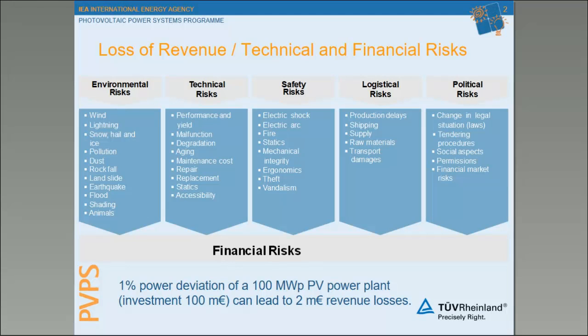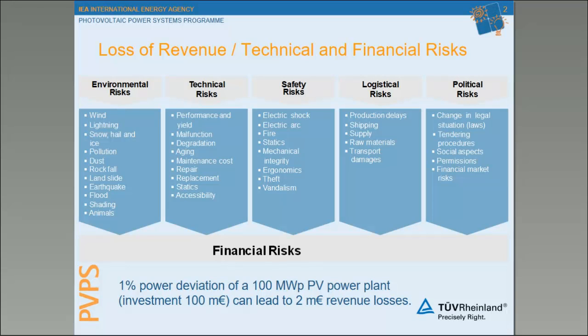We also have to tackle safety issues such as electric arcing, fire, or theft and vandalism, and also logistical and political risks. As a very rough calculation, thinking about a 100 megawatt PV plant and assuming 1% power deviation, this leads to €2 million in revenue losses.